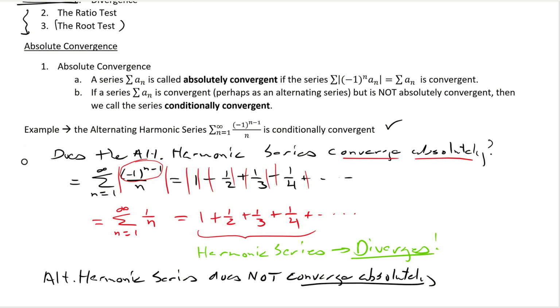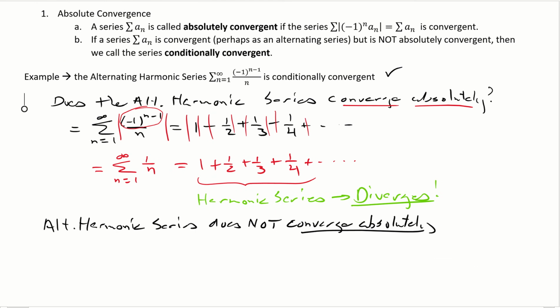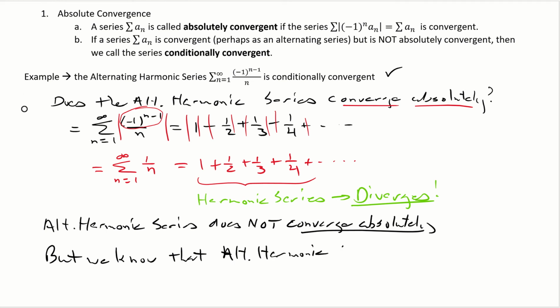But what do we know about the alternating harmonic series? We know that the alternating harmonic series, what do we know about that? It converges.